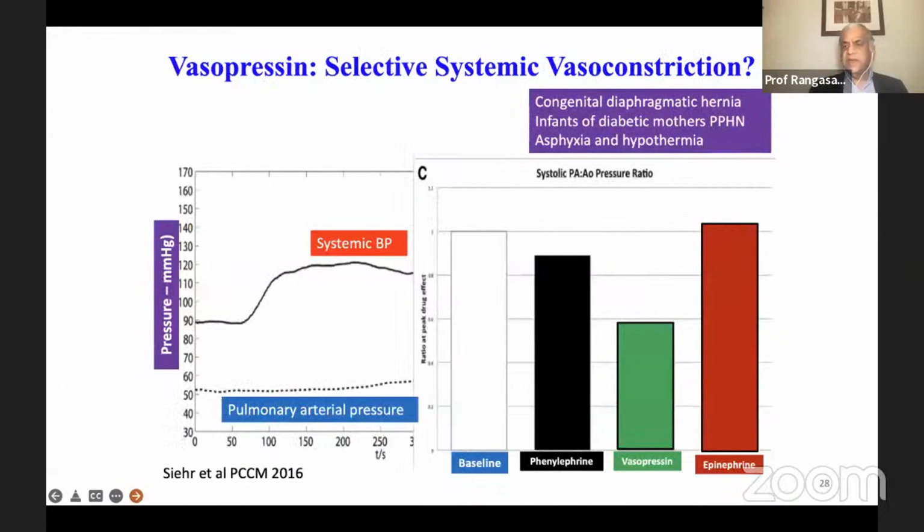What about vasopressin? Many of these with hypoxemic respiratory failure also have systemic hypotension, either from LV dysfunction or vasodilatory shock. So you want to use a drug to get the blood pressure up without increasing the pulmonary pressure. Most of the inotropes we use will also increase the pulmonary artery pressure. So you want a selective systemic vasoconstrictor. Vasopressin seems to do that. Again, very little experience using vasopressin in hypoxemic respiratory failure and PPHN.